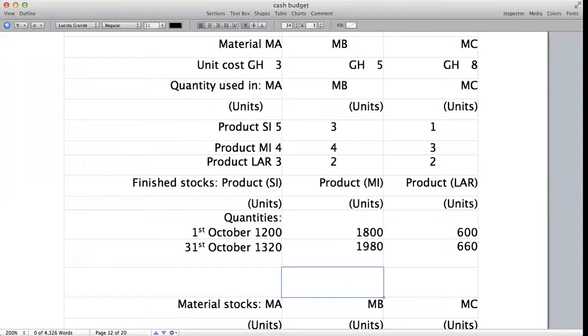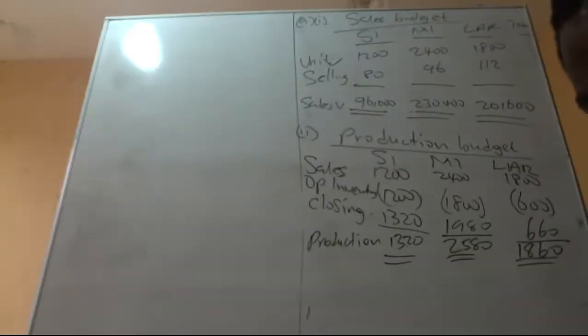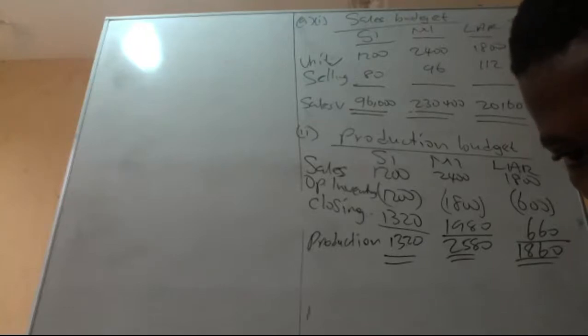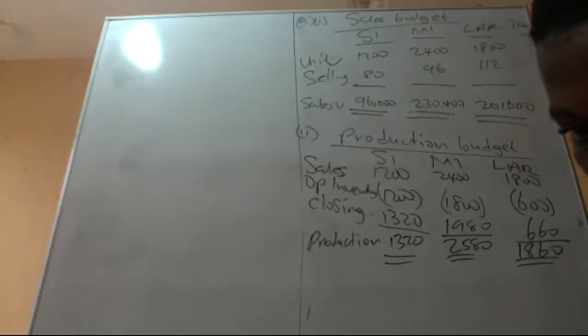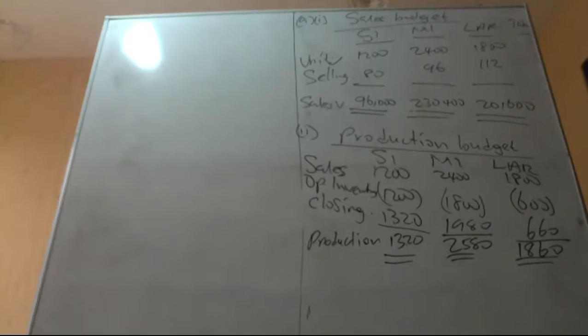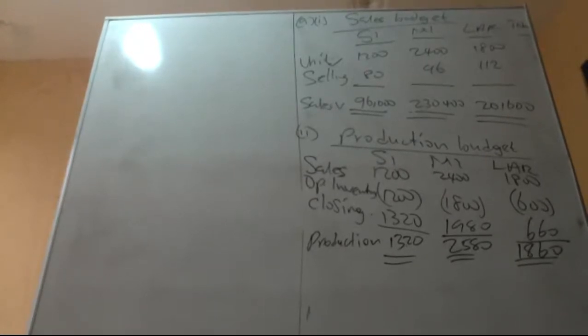Good. 1,860. That's the production. Then you are done. So this is how we are going to prepare the functional budget for the exam purpose.